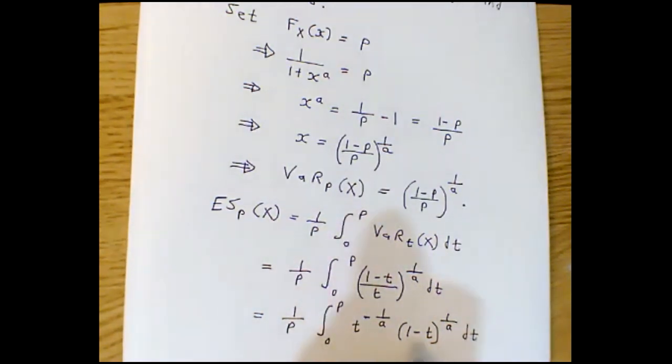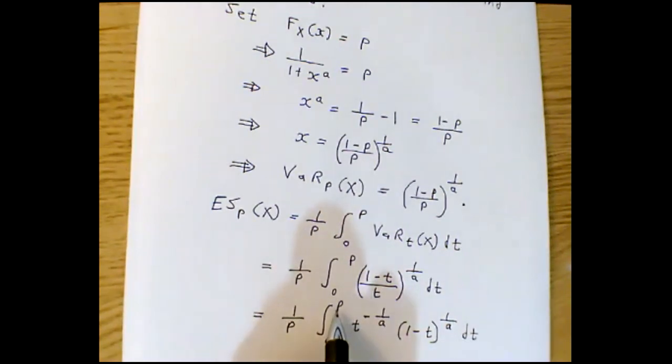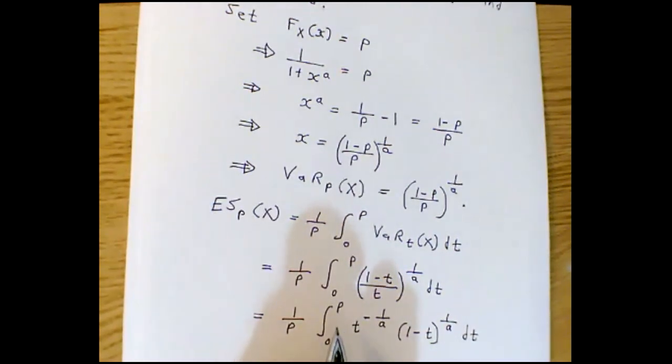For the beta function, you have something similar like this, but the integral is from 0 to 1. Do you remember that or not? Yeah. But here, the difference is that you have the same integrand, but the integral is from 0 not to 1, but to a number p, right?